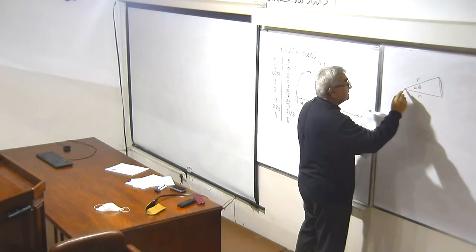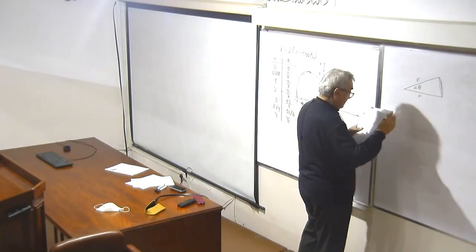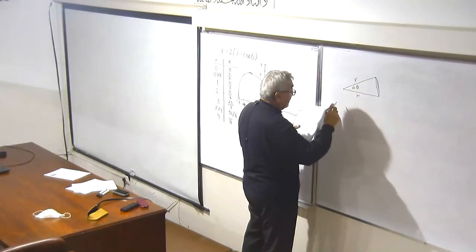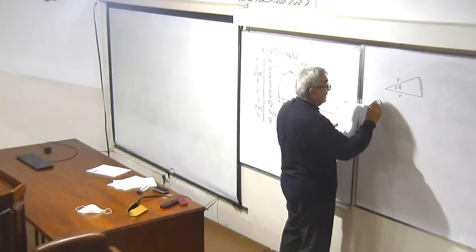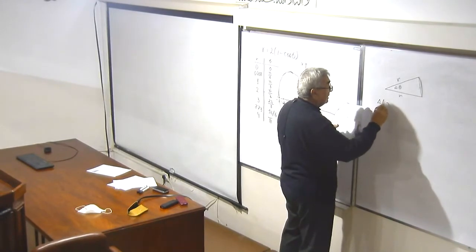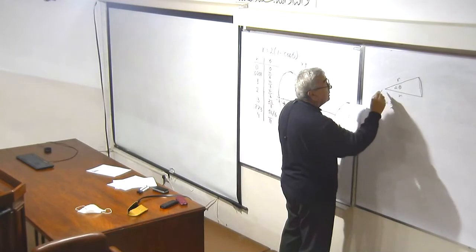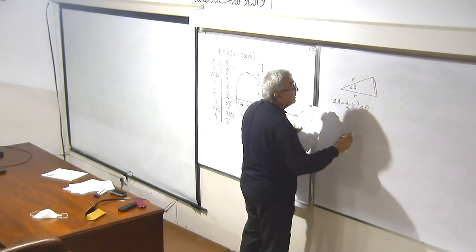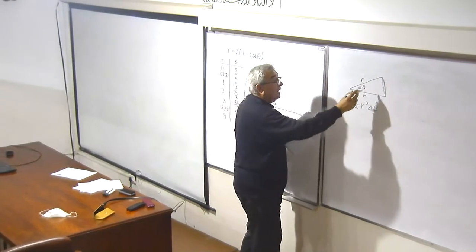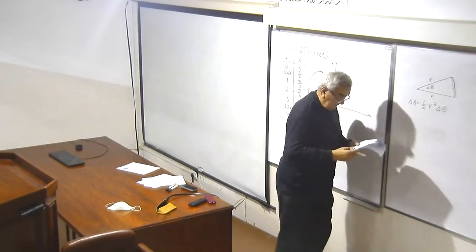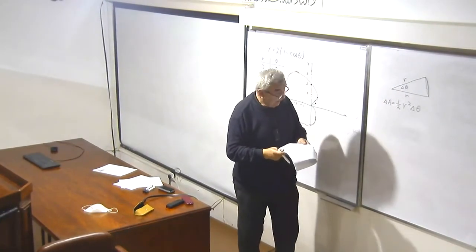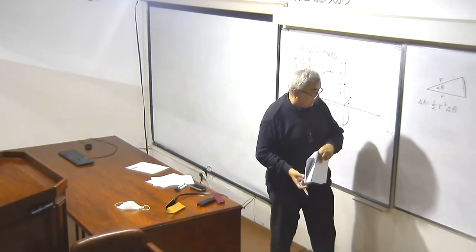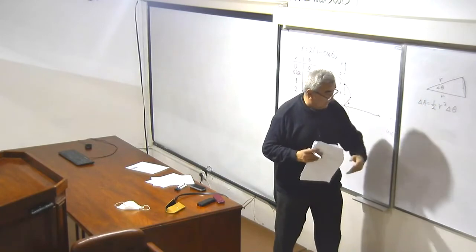It is necessary to calculate this approximately. If you connect this one, it is also approximately r. Therefore, delta A should be equal to 1 by 2 r square delta t. Delta t is this one. That means this sector. The area of this sector is equal to 1 by 2 r square delta t.